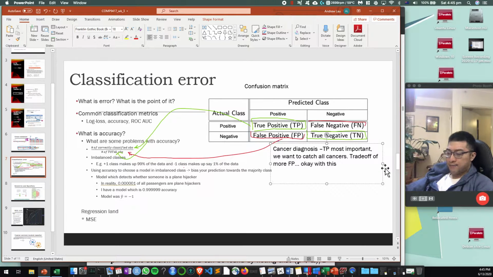There are other examples where you might care about having too many false positives. You want to minimize the number of false positives. What's a good example?